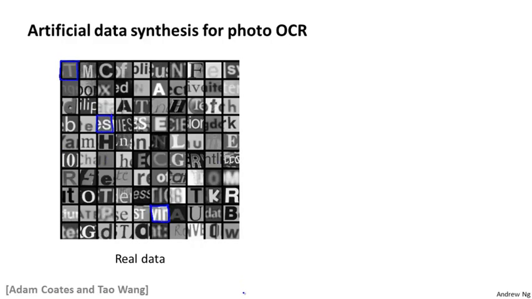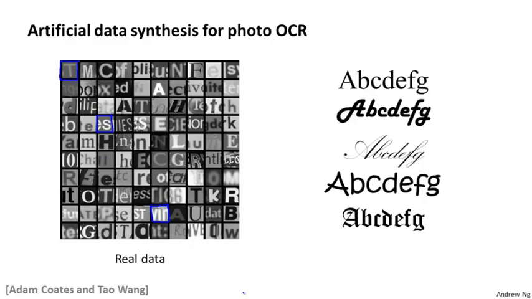So all of these are examples of raw images. How can we come up with a much larger training set? Modern computers often have a huge font library, and if you use word processing software, depending on what word processor you use, it might have all of these fonts and many, many more already stored inside. And in fact, if you go to different websites, there are, again, huge free font libraries on the internet where you can download many, many different types of fonts, hundreds or perhaps thousands of different fonts.